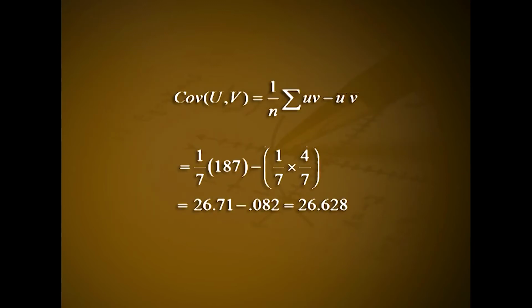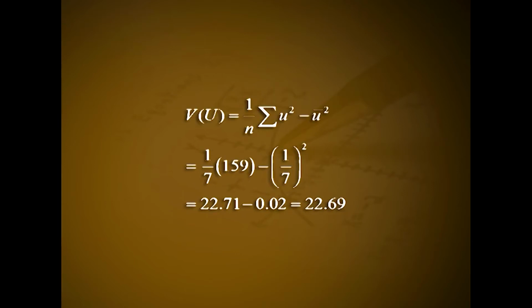Covariance of uv equal to 1 by n into summation u into v minus u bar into v bar, that is 1 by 7 into 187 minus 1 by 7 into 4 by 7, that is 26.71 minus 0.082, that is 26.628. Variance of u, that is 1 by n into summation u square minus u bar square, that is 1 by 7 into 159 minus 1 by 7 the square, that is 22.71 minus 0.02, that is 22.69.